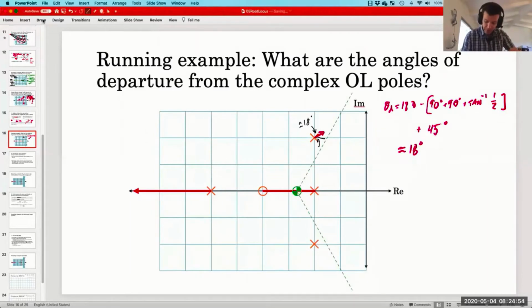Okay, so if we have worked out the angle of departure in the northern half plane, then we're going to mirror that down here in the southern half plane. Okay. So in this case, it looks like the branches are going to depart these complex conjugate open loop poles, and they're just going to gently slide towards these asymptote angles. Okay. It didn't have to be that way. You can also cook up systems in which these guys make a complete 180 and then have to go follow the asymptotes.